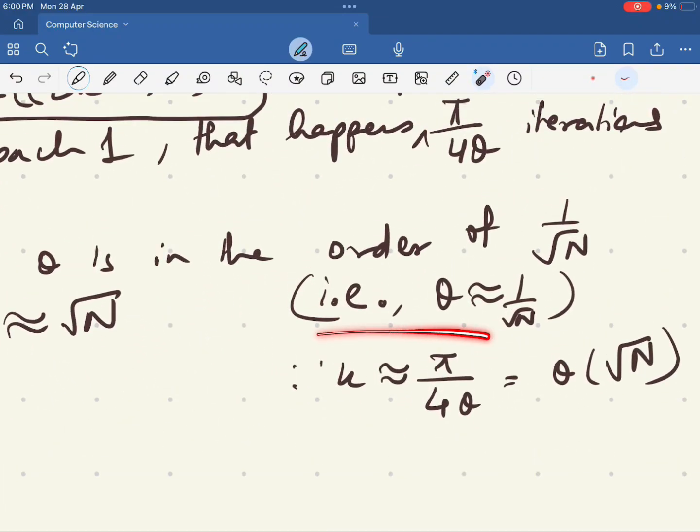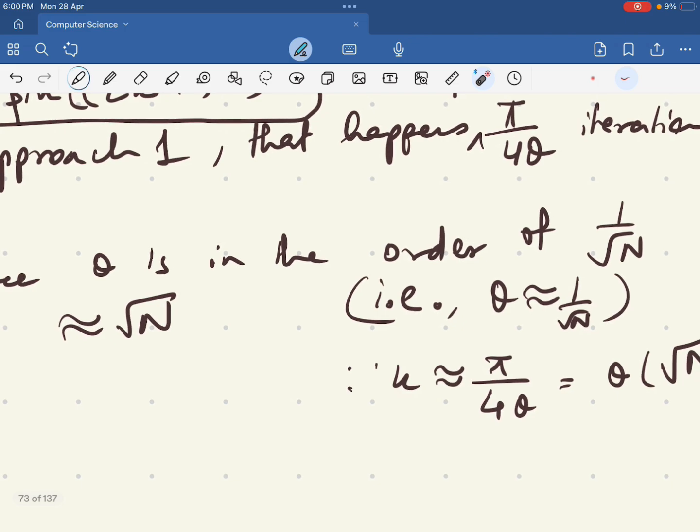Now if we solve this, we can substitute in place of theta.